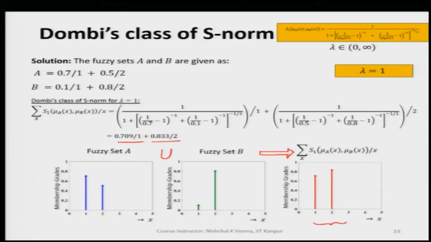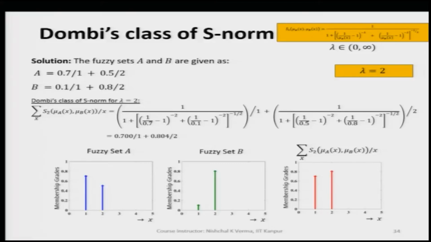So, let us see what happens. We see that when we increase the value of lambda from 1 to 2, the membership values of the corresponding generic variable values are reducing, or I would say decreasing.